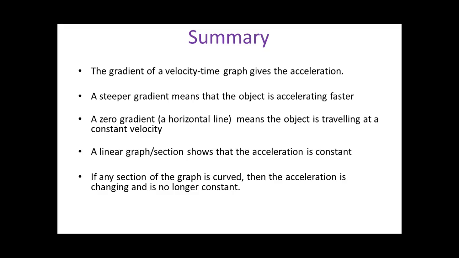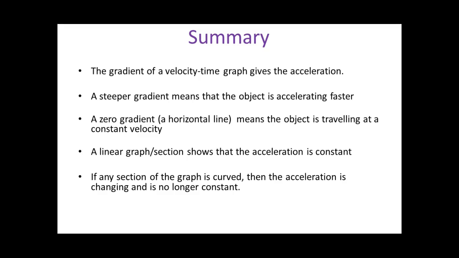And if the graph is linear, or the section of the graph is linear, that tells us that the acceleration is constant. If you see a curved section, that tells you that the acceleration is changing, and so we have to use different methods to calculate the acceleration in that case.